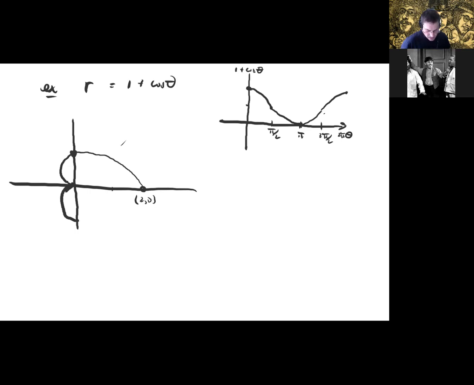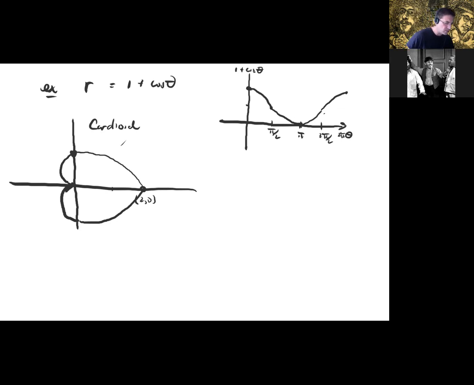And from 3 pi over 2 to 2 pi, that's the fourth quadrant, r is going from 1 to 2. So the distance is getting bigger and bigger from the origin. So this looks like a heart, and the name this graph is given is a cardioid, which is Greek for heart or heart-shaped. Okay, so that's an example of polar graphing.